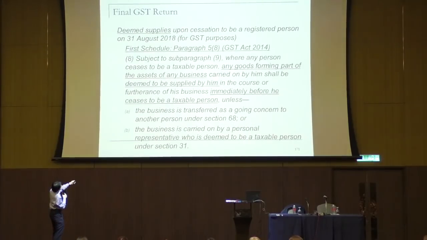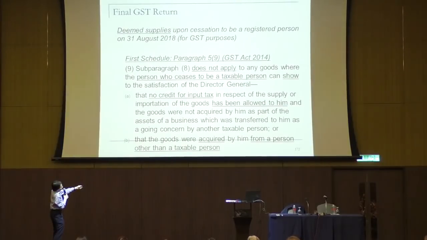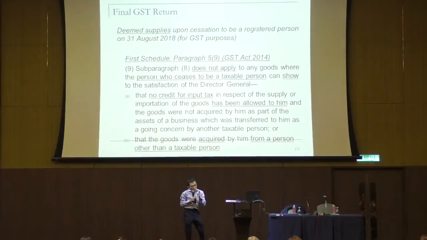Subparagraph 8 does not apply to any goods where the person who ceased to be a taxable person can show to the satisfaction of the DG that no credit for input tax in respect of the supply or importation of the goods has been allowed to him, or B, that the goods were acquired by him from a person other than a taxable person. So it means that this deemed supply would only implicate what items, what goods?